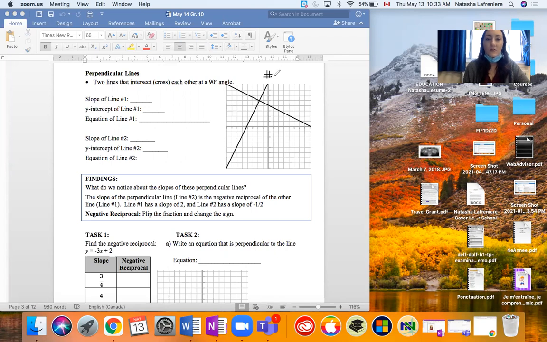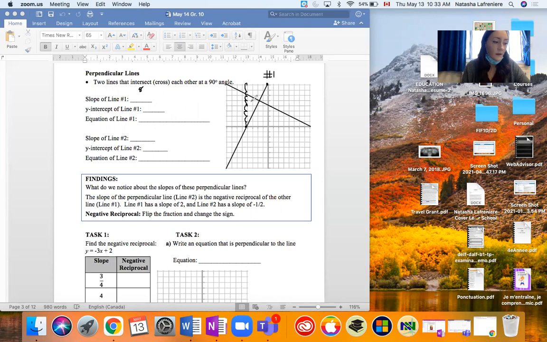Okay, so we're going to look at the slope of this one. So we're going to get 2 points that are easy to calculate. So let's do this one, I guess to here. Okay, so our rise is going to be 1, 2, 3, 4, 5, 6, 7, 8.